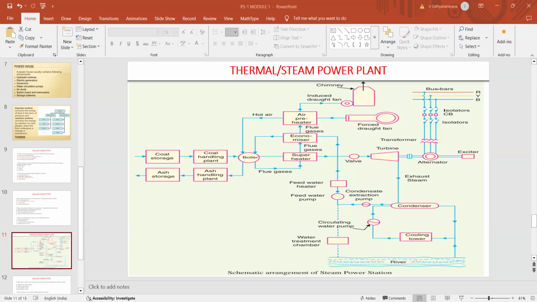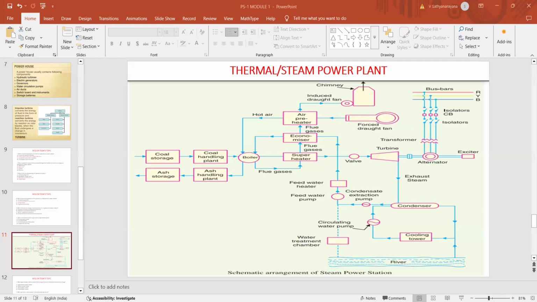Right, understood. Now there is a question, maybe you may have some doubt. What is the purpose of this feed water, river arrangement? The upward arrangement was clear, everyone? Yes, sir. That means from coal to the handling plant, boiler, and the ash will be collected to the ash handling plant, and the boiler output is connected to the superheater. The superheater output is connected to the turbine through the valve, so that steam strikes the turbine blades, and the turbine blades generate mechanical energy from the thermal or heat energy as an input for the turbine.